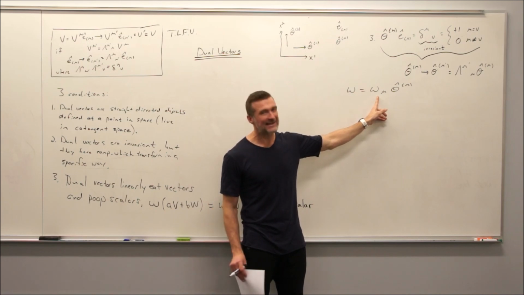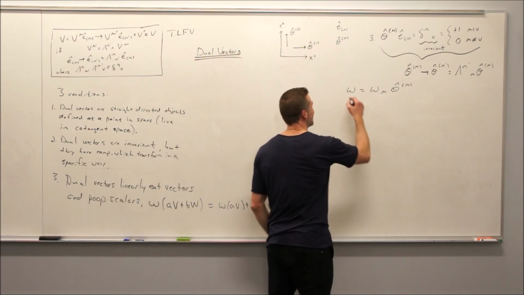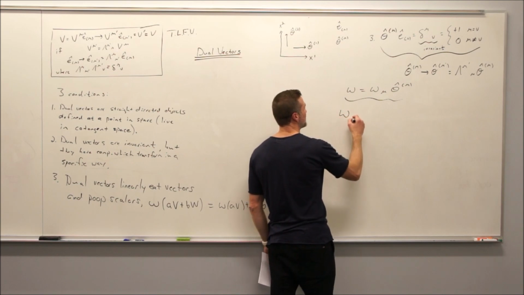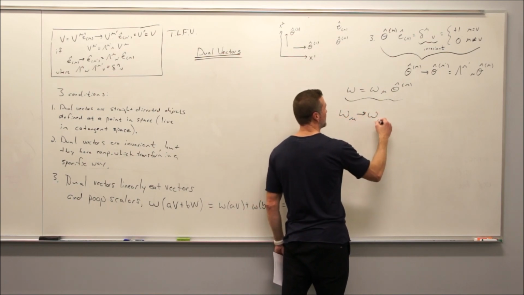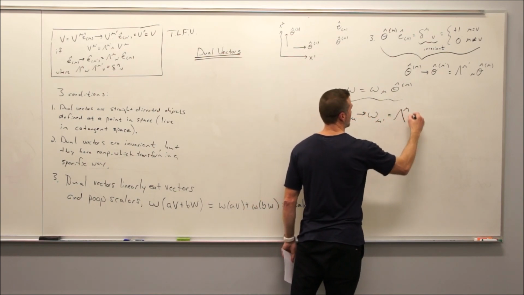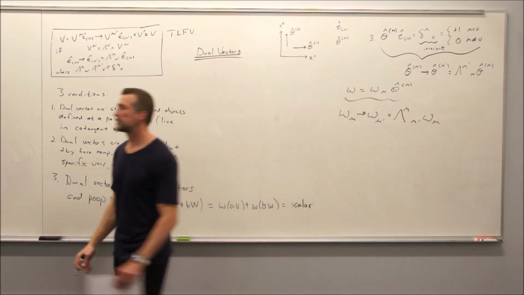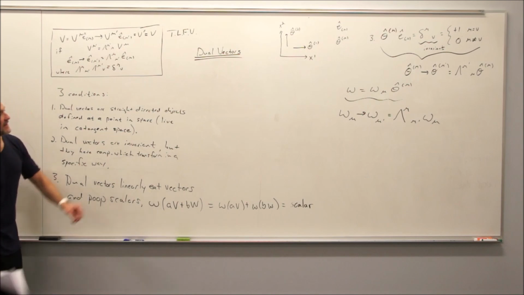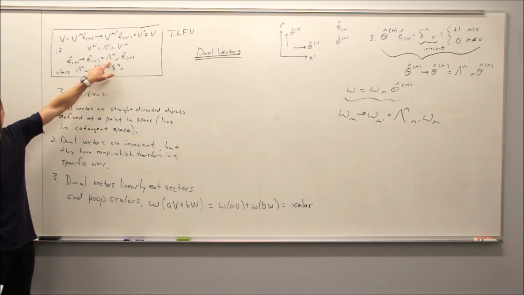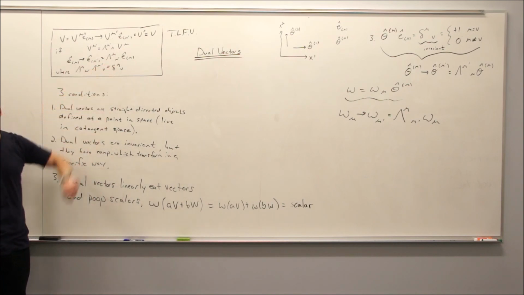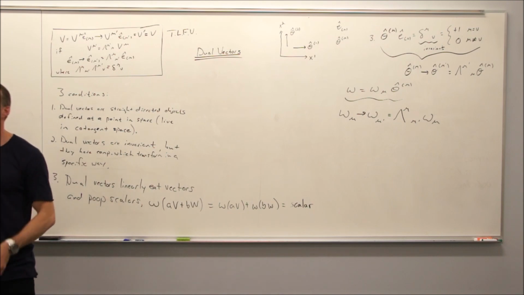And the answer is not surprising at all. The components of a dual vector transform according to that rule, which you will notice is exactly how basis vectors transform. Are you ready for a good one? Yeah.